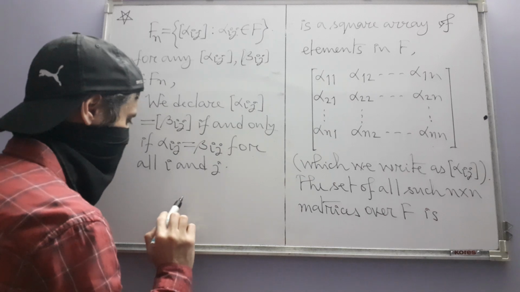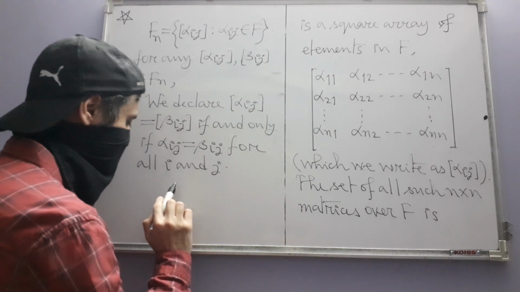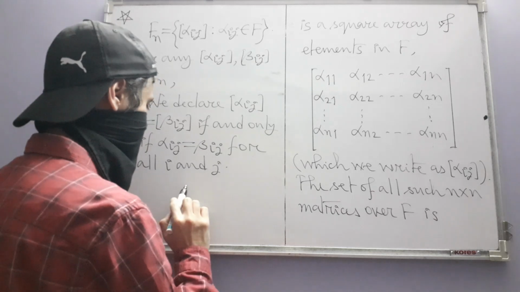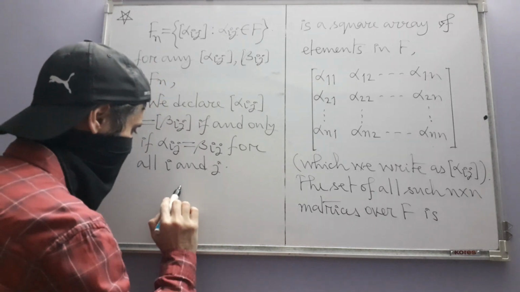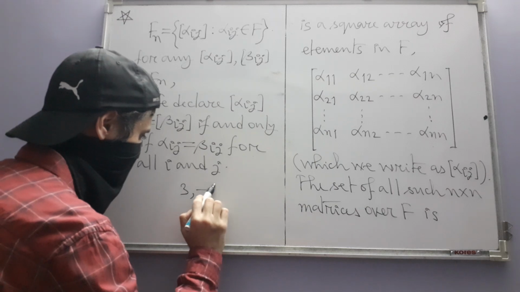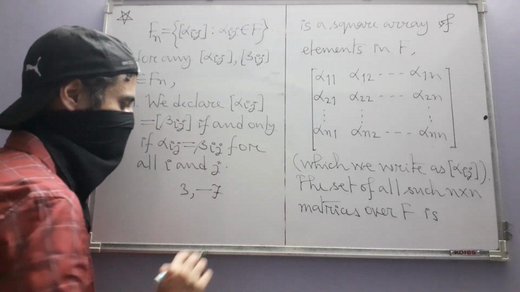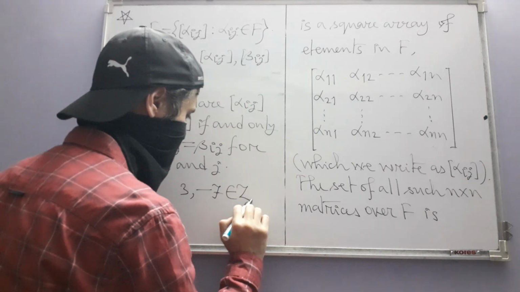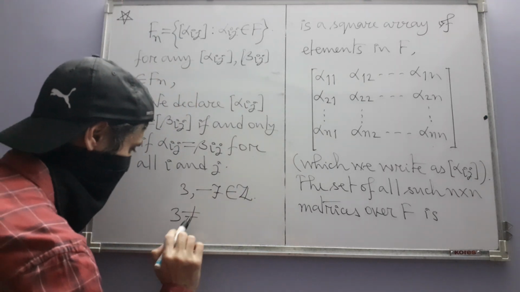Let me give you one example. You consider these two integers 3 and -7. In the system of integers, they of course are not equal.